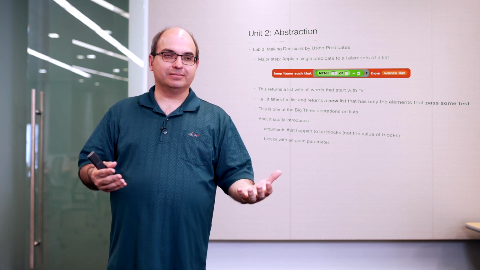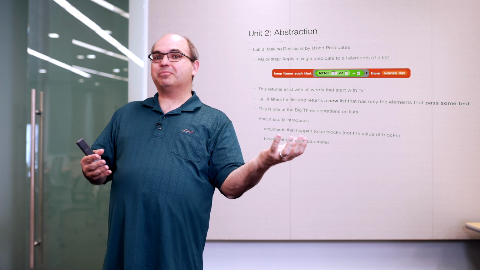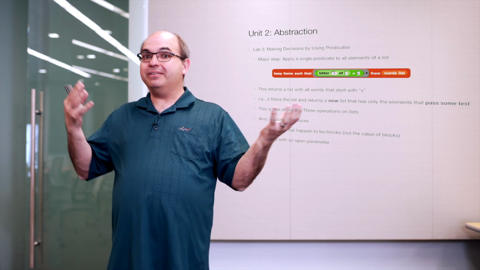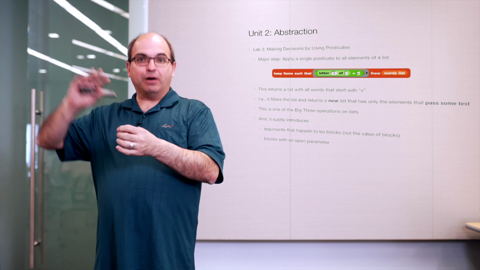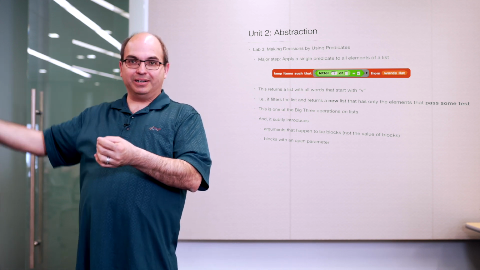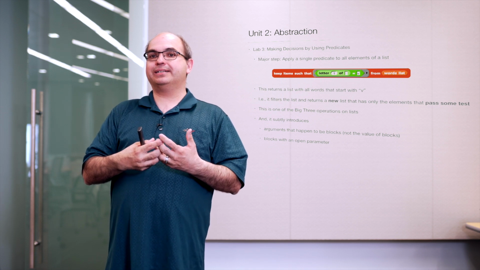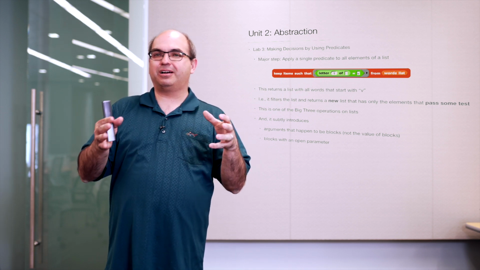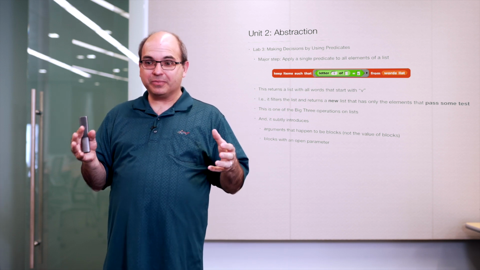Are you even? Who are we talking about? 2 or 3? Until I know which number we're talking about, I can't answer the question. Even? Right? So that blank is important, right? That will get filled in by each element from the list later, right? But in the meantime, what I can say is that it is a kind of computation that's in the middle. It can't progress because it doesn't know what we're asking about, okay?